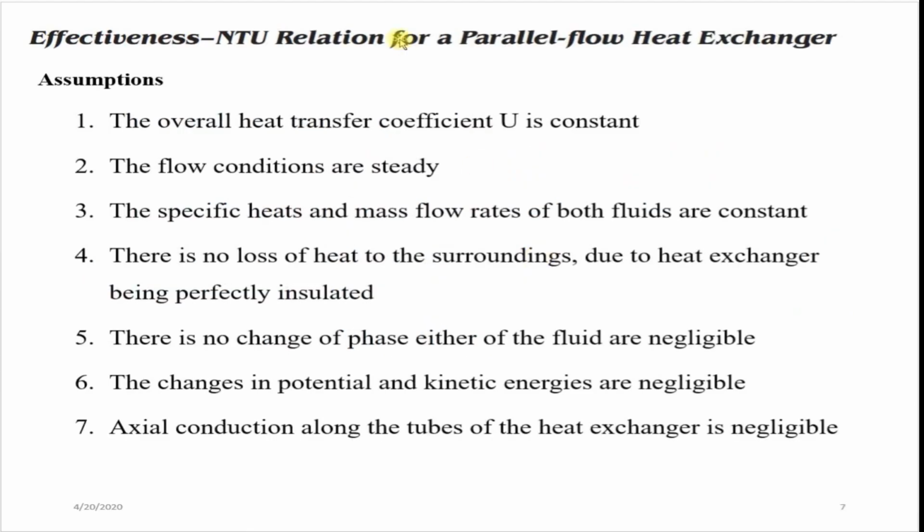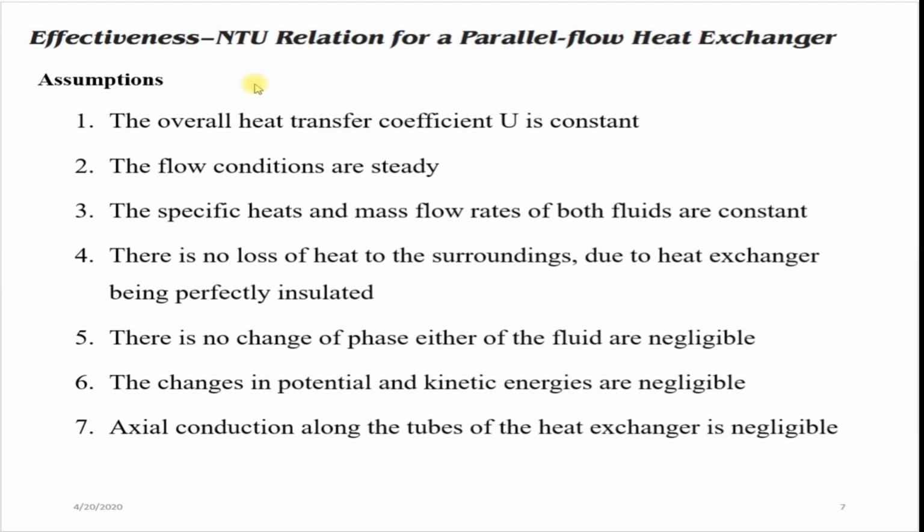Now we will see the derivation of effectiveness for a parallel flow heat exchanger. Before the derivation, we have to make some assumptions. The assumptions are as follows. The overall heat transfer coefficient U is constant. Properties of fluids such as specific heat are also considered constant with temperature.